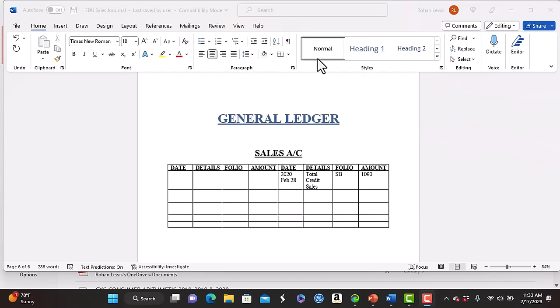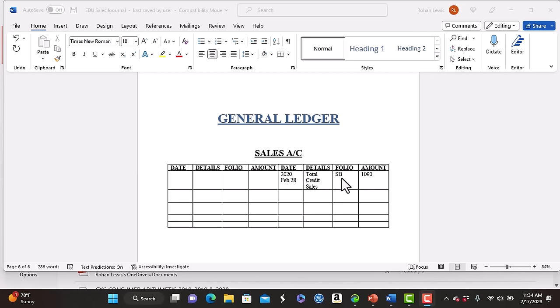So our third and final step is to post this total entry in the sales account in the general ledger on the credit side. So note that at the end of the month, February 28th, under the detail columns, we put total credit sales coming from the sales book SB under folio and the amount $1,090.